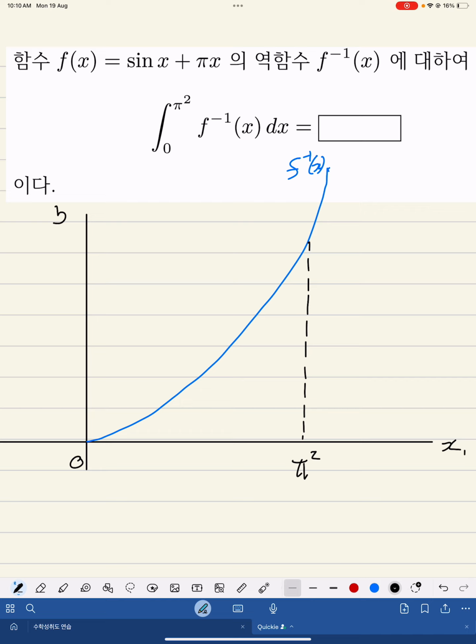But we can find out that this area under the curve is from some place c. This is our goal. But we can actually find this area.